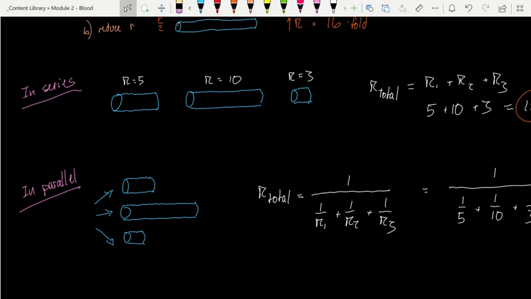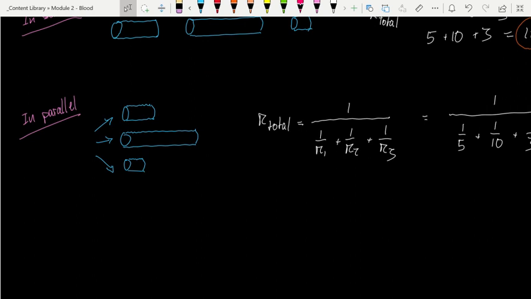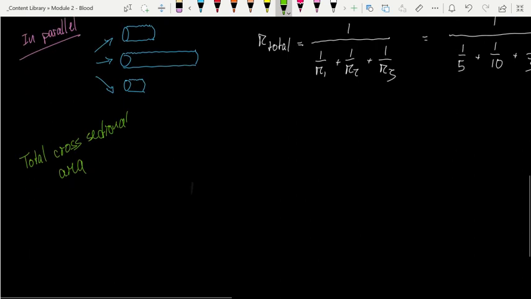All right, the very last thing we have to make sure we understand before we start putting all this together is the idea of the total cross-sectional area. So now let's look at the cross-section.